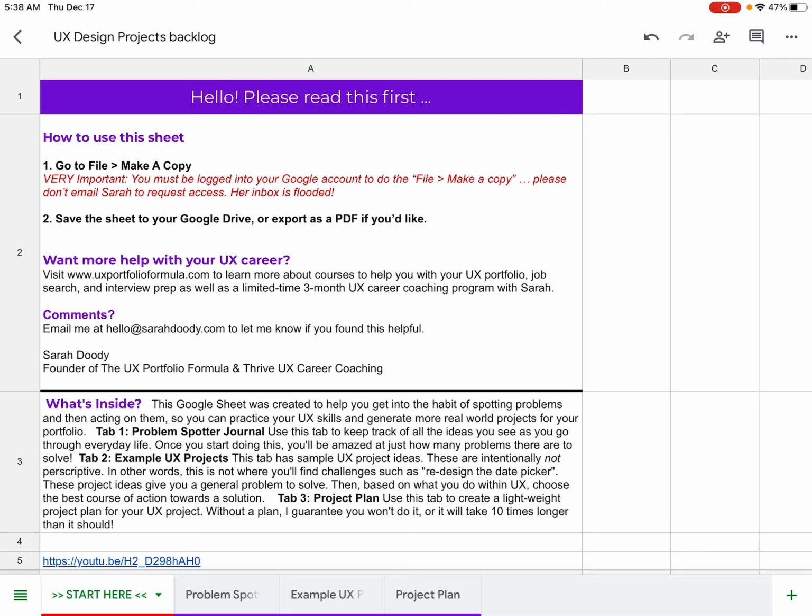So what this does is it gives you a framework for collecting problems and ideas that you can work on, and you can prioritize them.